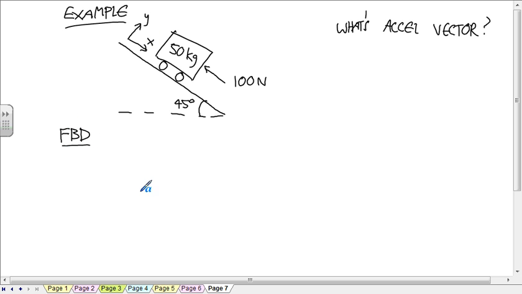A free body diagram has the weight force acting down. That's 490.5 newtons. The external force of 100 there. And then a normal force pushing perpendicular to the surface towards the body.